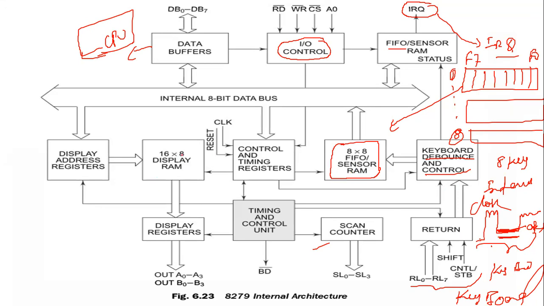At the same time, we have the display. We have 16 display RAMs of 8 bits. These 16 by 8 display RAMs are connected to 16 seven-segment displays. Here 8 by 8 means a 64-key keyboard that we are going to connect.